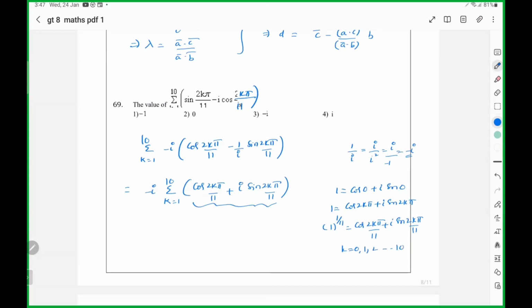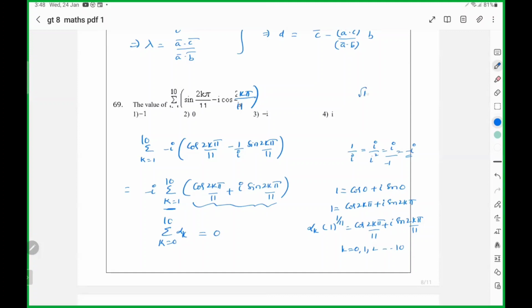For each value of k, you get one root, but he's asking here from 1. We know that the sum of nth roots, here sigma alpha k from 0 to 10, the sum of all the roots is always 0.